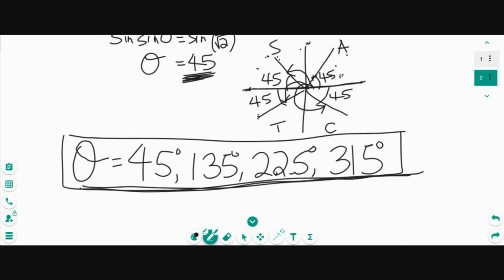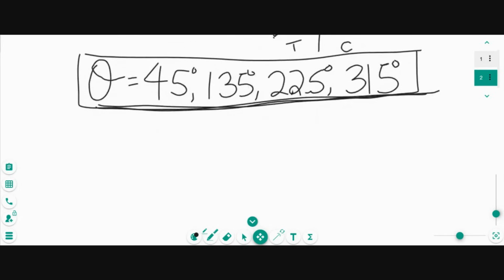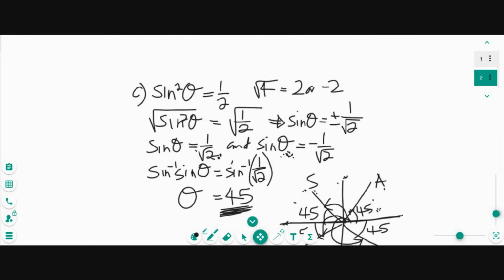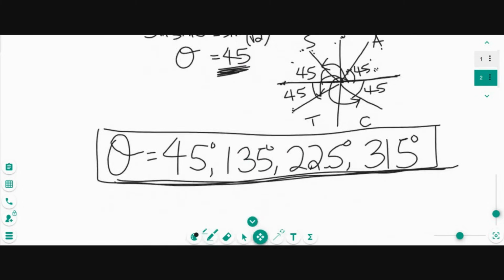Okay. Let's use this same page. This has been the third example. Okay, I'm going to have to write the fourth example.